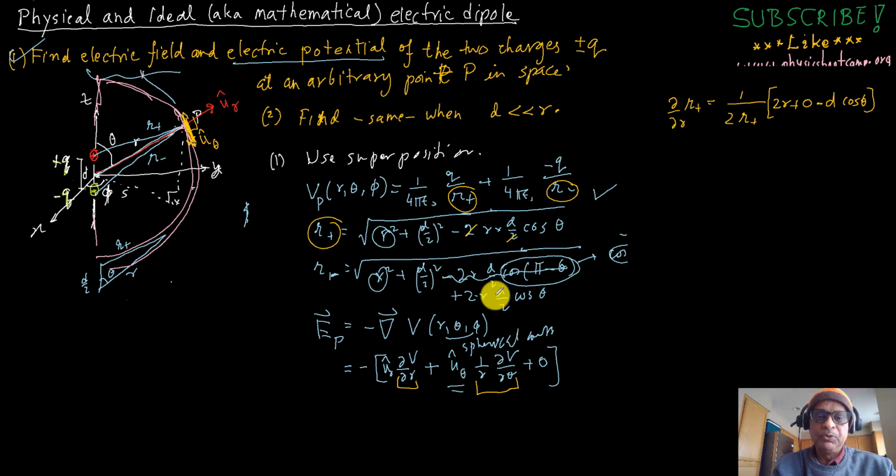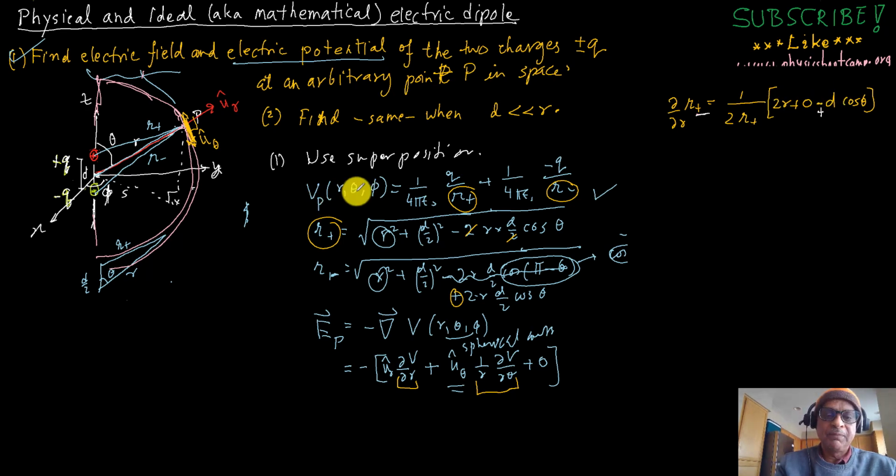When I do this guy, this becomes plus, everything's the same, but when I have plus I get a minus here. So if we have minus here, this will be plus. So we got both of these guys.